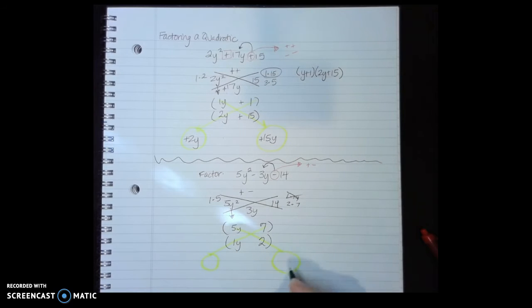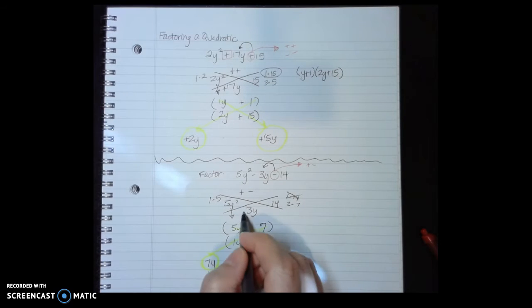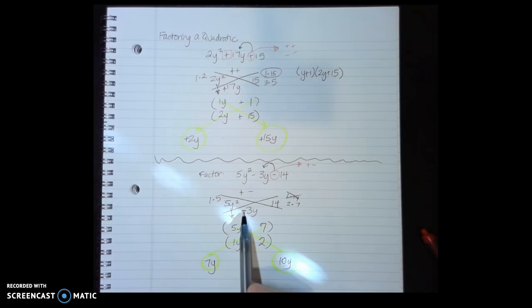When I multiply, this is 10y. And when I multiply, this is 7y. And these will subtract to make that 3. So now we have to get our signs right. Remember, we said that we have to have 1 plus and 1 minus. So now I come back and I remember that my 3 has to be negative.